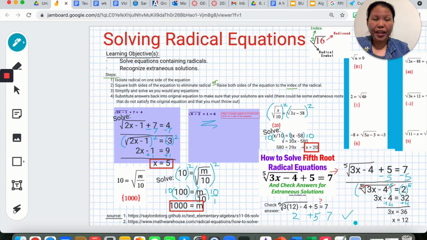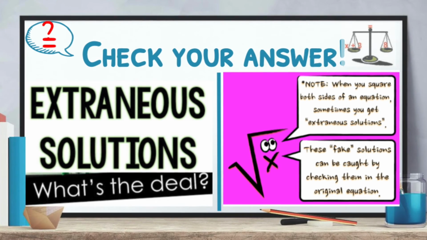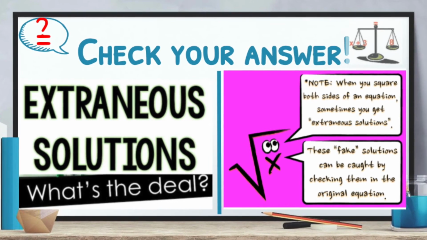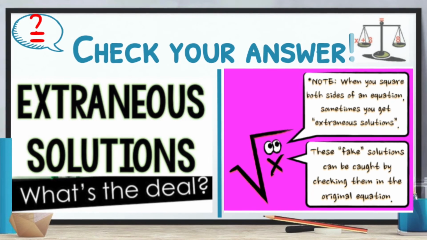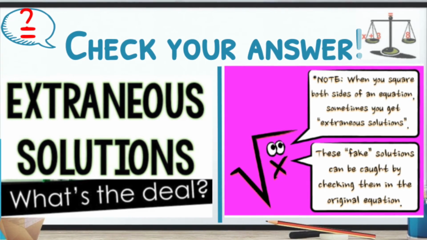Extraneous solution is where you have an answer that is from the outside that is not necessary, that is not true. So that's when we call it extraneous solution.